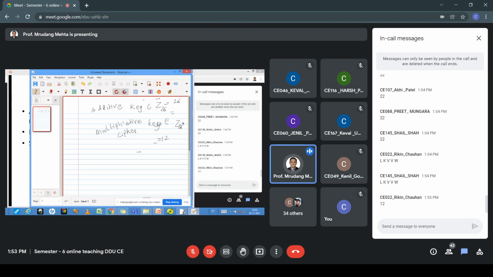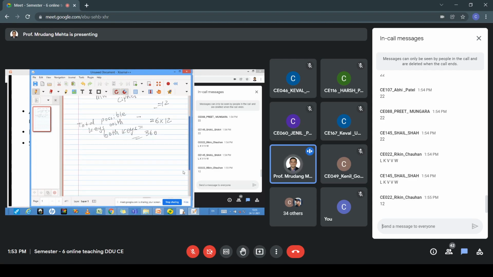So the total number of possible keys with both keys is 26 into 12, which results in 312 possibilities. How can we have this many possibilities?